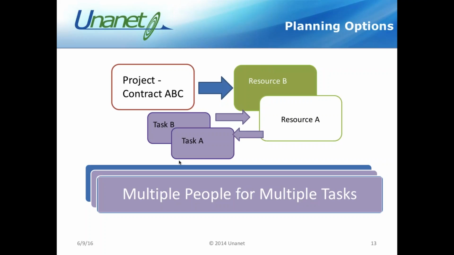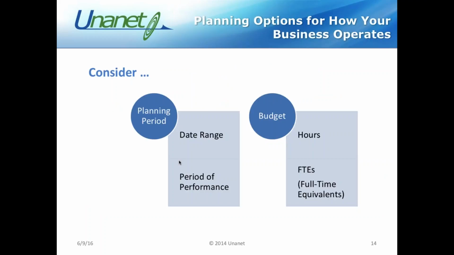Do you want them to charge time at the project level? Think about that, because then you can easily plan at the right level that you want your users to charge time in their timesheet, and the view that they're going to have in their timesheet. Then you can automatically assign them based on the plan, and the authorization to charge time, that budget or resource assignment, will be at that same level, and it makes it very easy. So this is something to think about with the planning option.